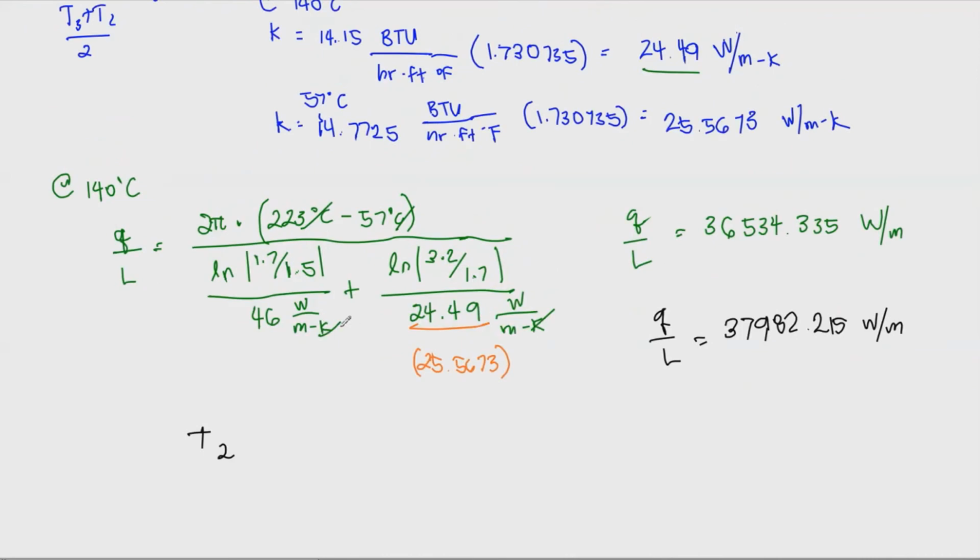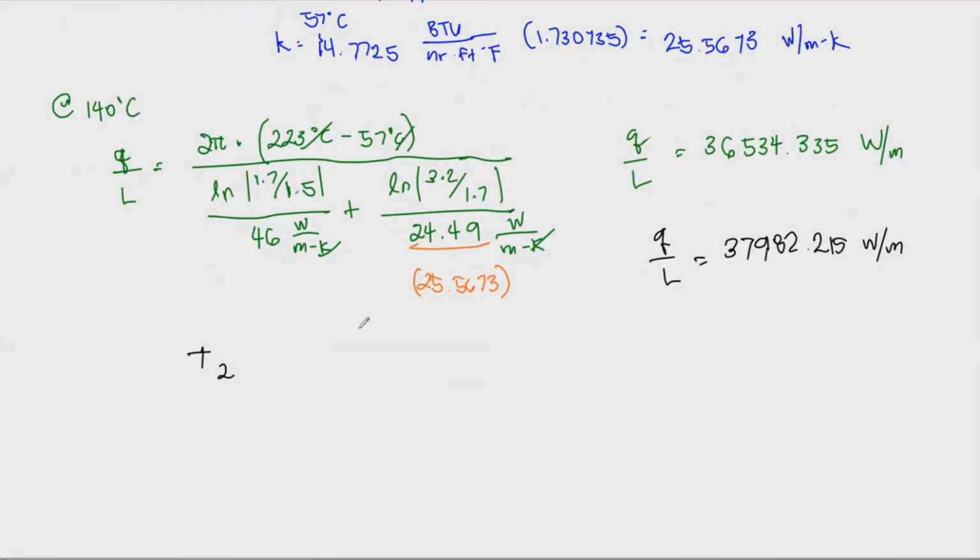Now with that, let's try solving for T2. The only thing that we could do for T2 is that T2 is actually equal to T1 minus delta T1. Or we could just simply say that T2 is actually equal to our T3 plus delta T2.